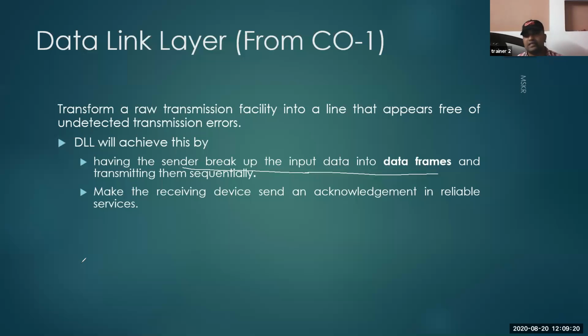Now, if you take software like Internet Download Manager, IDM, or a torrent download manager, what happens there? Those softwares will reconnect. They divide the information into smaller parts and reconstruct the information at the receiving side. The advantage of dividing the information into smaller parts is, say you divided the information into 100 frames.